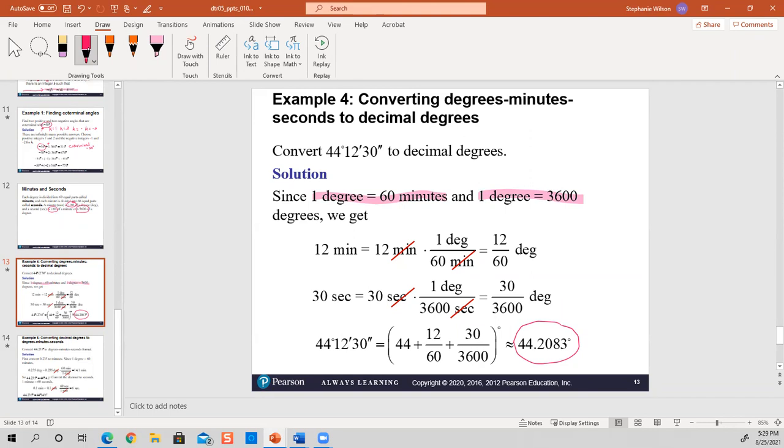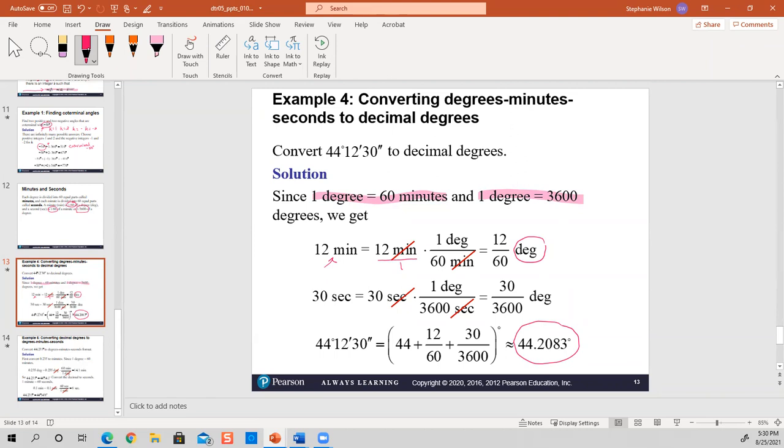So I have 12 minutes, and I'm going to set up my conversion. I'm wanting to turn it into degrees as my end unit. So I take my 12 minutes times, and for the visual learners, you can put a 1 underneath the 12 minutes, so you see this fraction times this fraction. Make sure that you set it up where your minutes reduce with minutes.